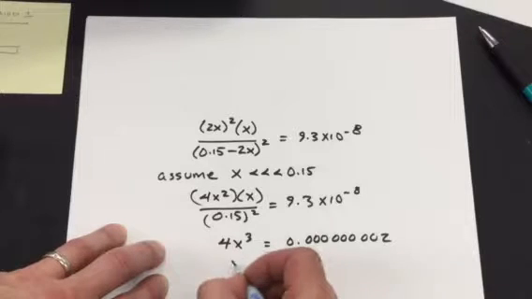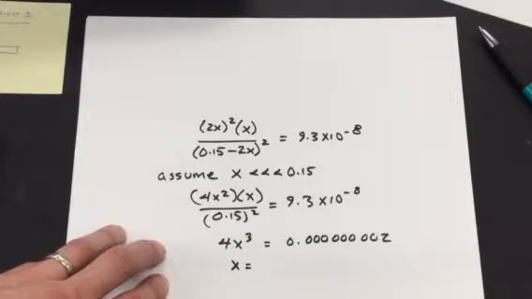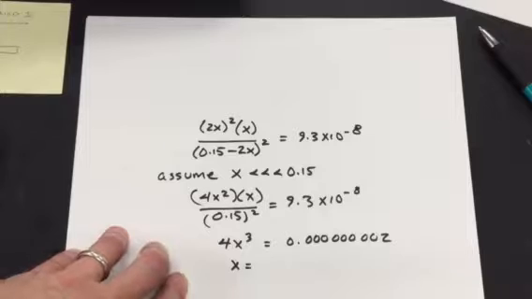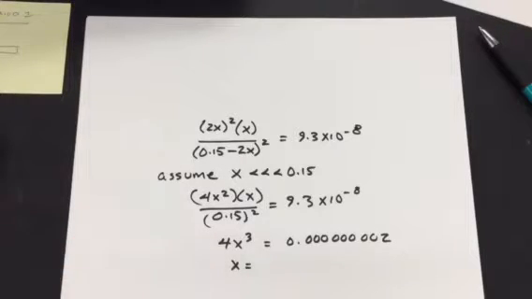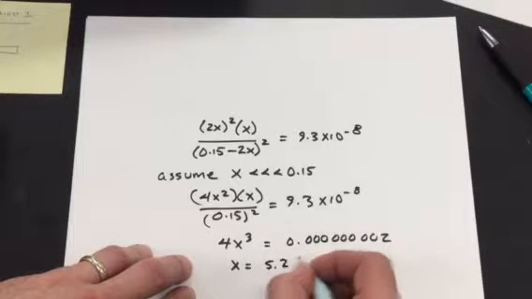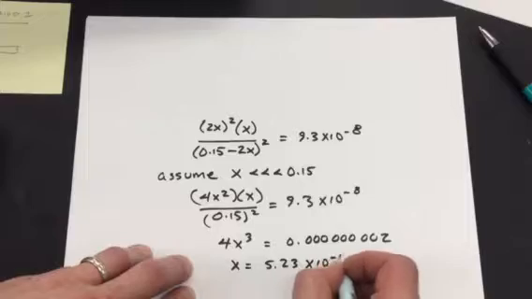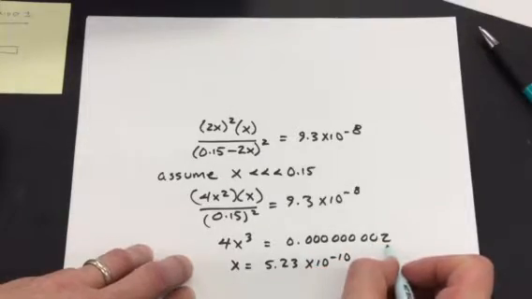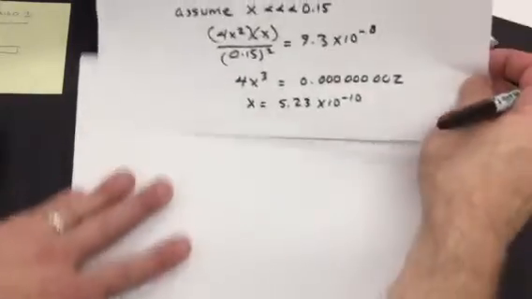So when I solve for x, it's going to involve a cube root. Remember, that's the same as raising something to the power of 1/3. So if I was to take my point, all those zeros, and divide by 4, I'm going to get 5.23 times 10 to the minus 10. This is a rounded number because my calculator only had so many digits.